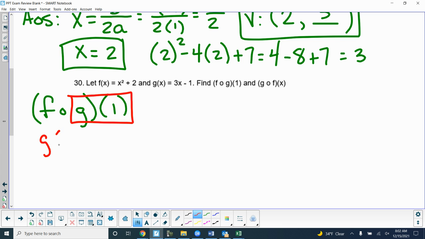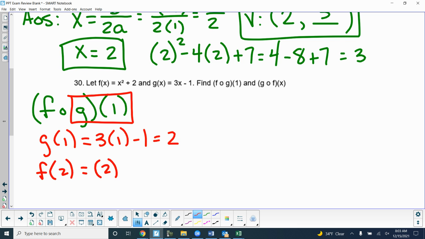So we're going to go g of 1. So 3 times 1 minus 1 is 2, right? And then what do I do with that 2? Plug it into the f, the first one, which was 2 squared plus 2. 4 plus 2 is 6. So that one's a 6.